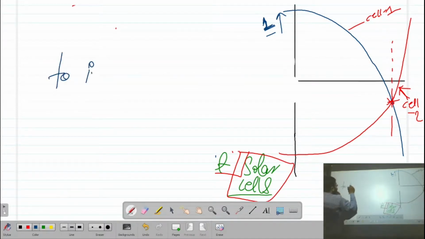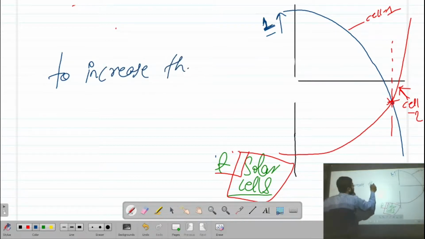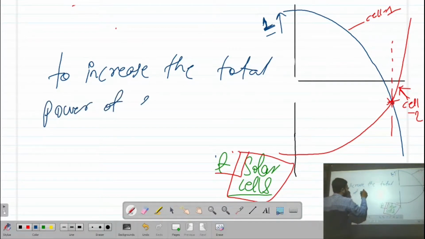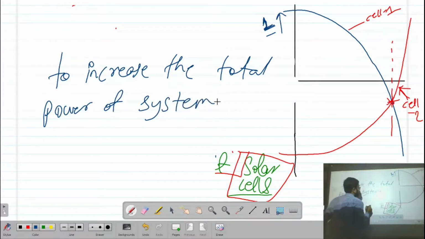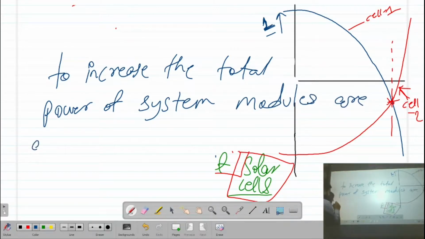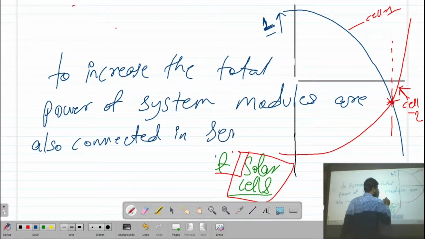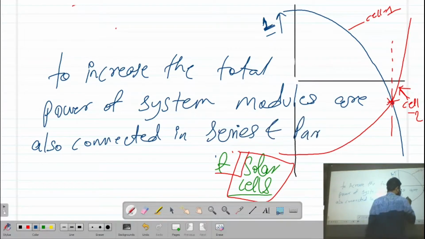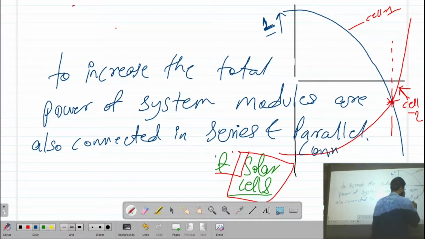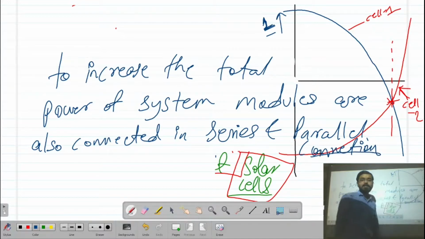To increase the total power of a system, modules are also connected in series and parallel connection, similar to solar cells.